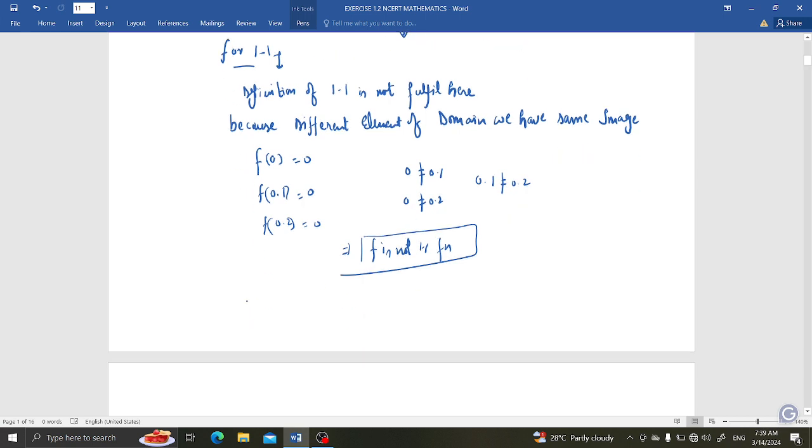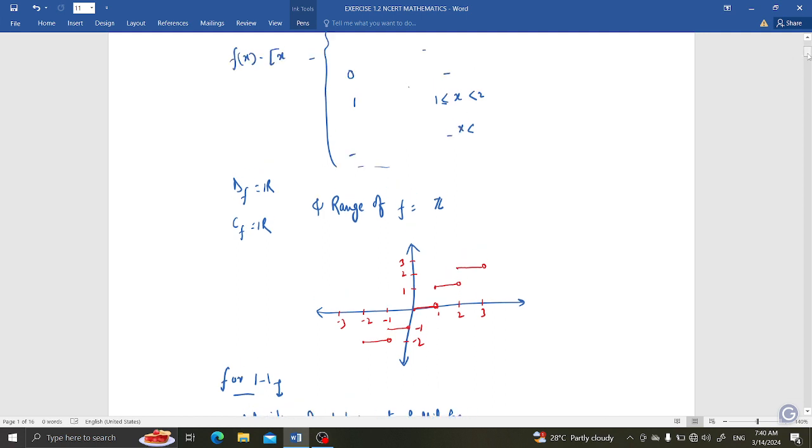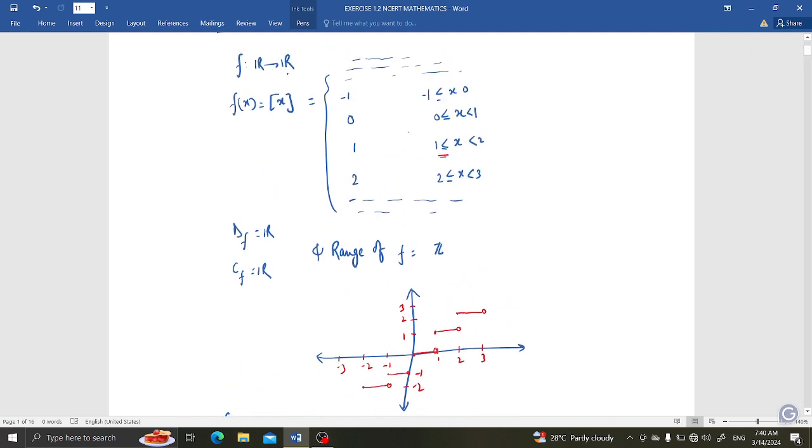Now for onto, we need to prove this is not onto. Onto means that the range equals the codomain. What is the codomain? The codomain is the complete R, and I told you that the function will always provide an integer. So clearly the range set is not equal to the codomain set.